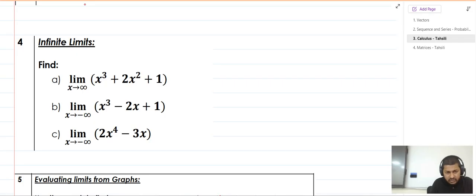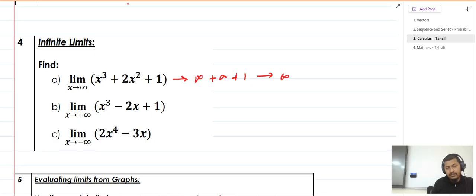So remember, you got infinity cubed. Don't put equals, it doesn't make sense to make it equal to when it approaches. So if I substitute infinity here, infinity cubed is infinity. 2 times infinity squared is plus infinity, and then plus 1. So if you take infinity plus 1, you will just get infinity as my answer, right?